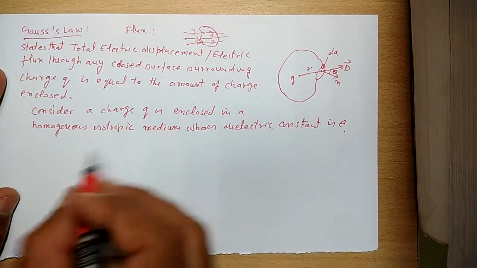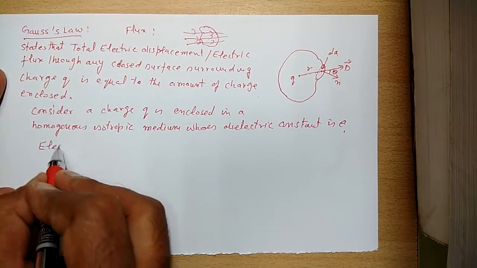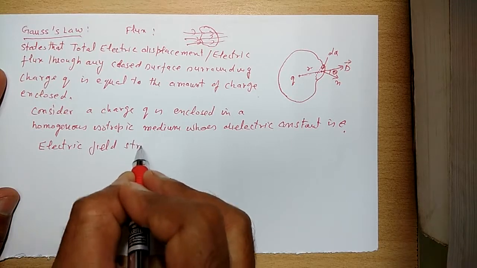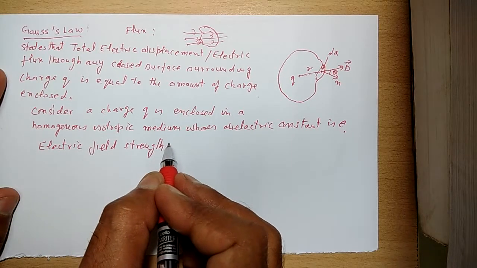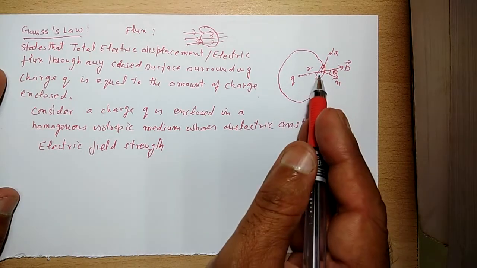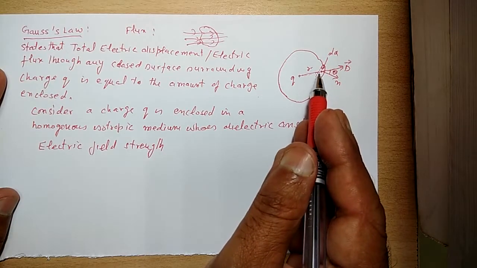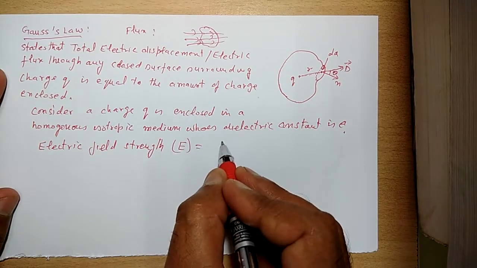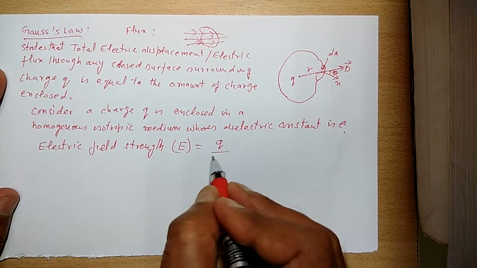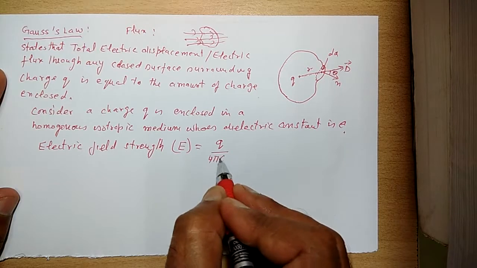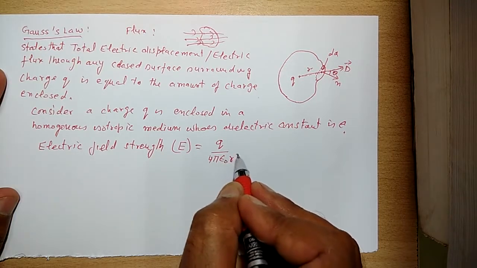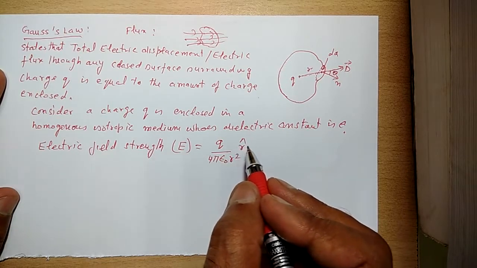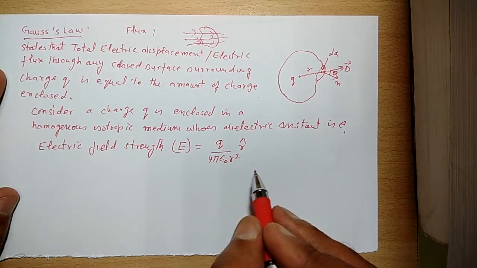So the electric field strength at the surface of this area element, we can write, E is equal to Q by 4 pi epsilon naught r square, and r is the position vector.